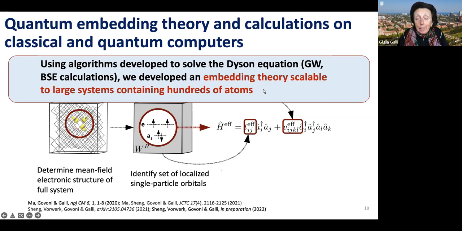And now we have an embedding theory which is scalable to large systems containing hundreds of atoms, meaning we can look at realistic systems. Okay, so this is the embedding theory that we will be using to go and solve this Hamiltonian on a quantum computer as well.